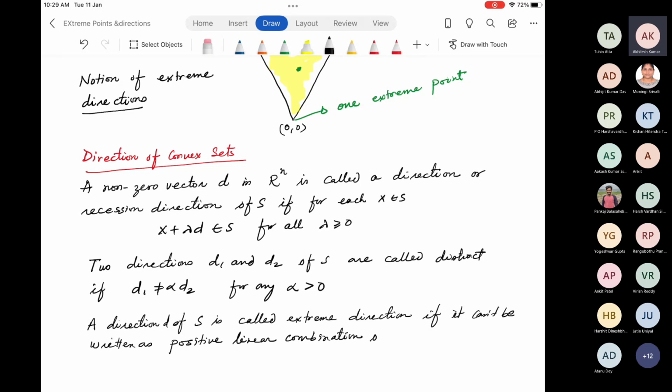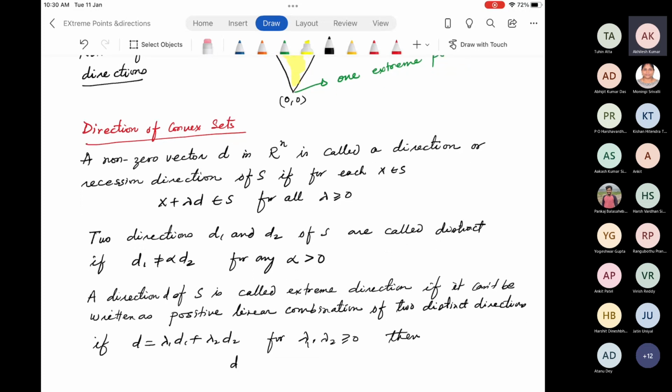So same as the extreme point. So if d equals lambda 1 d1 plus lambda 2 d2 for lambda 1, lambda 2 greater than 0, then for an extreme direction we will have d1 equals alpha times d2 for some alpha greater than 0.